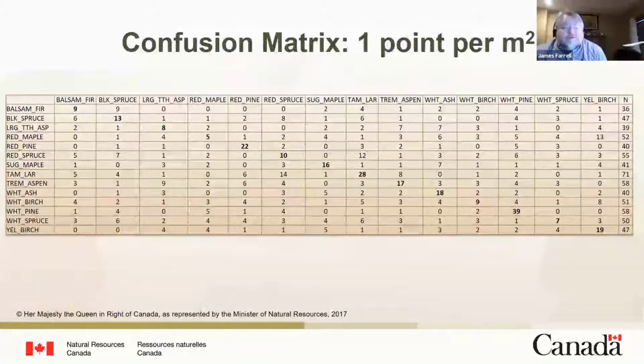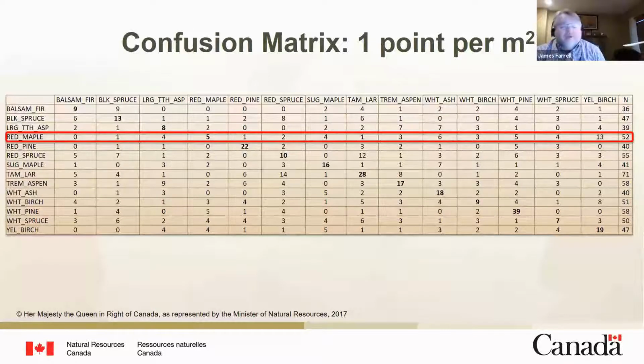So here is a confusion matrix for the low density 1 point per square meter. I've selected the best and the worst for comparison here. Looking at red maple, keep in mind this is the 1 point data set, the model predicted red maple correctly only 5 out of 52 times.